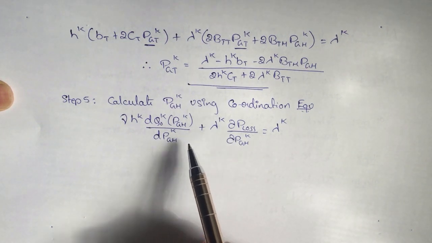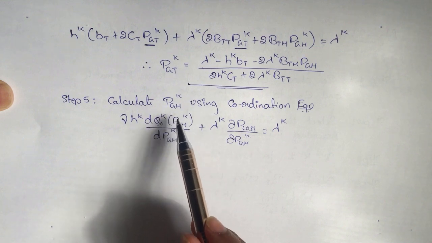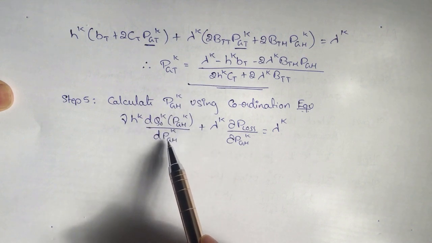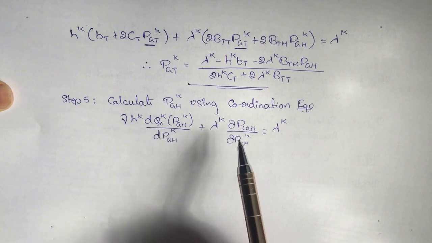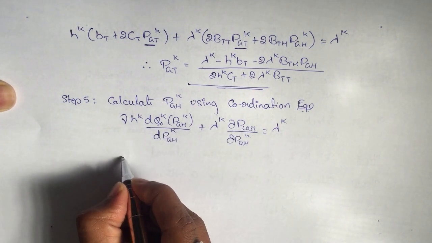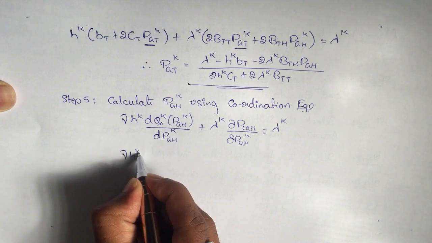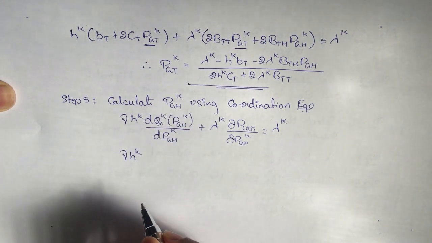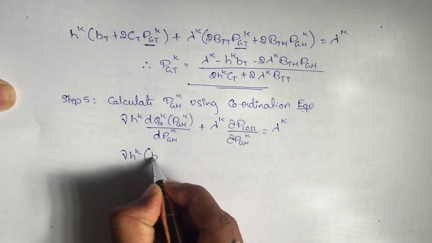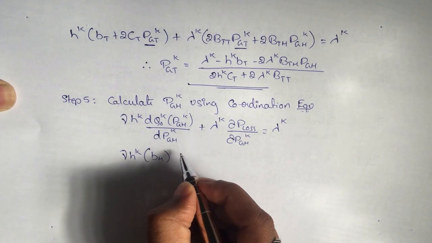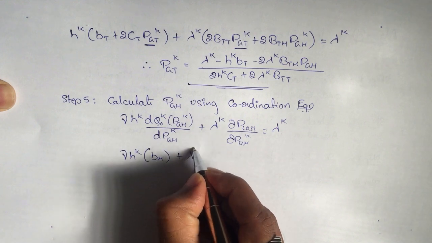From this equation we are going to substitute the value of dou q naught k PGHK by dPGHK and dou P loss by dou PGHK. We are going to substitute these values and we'll have gamma HK. The value of dq naught k PGHK by dPGHK is BH plus lambda k.